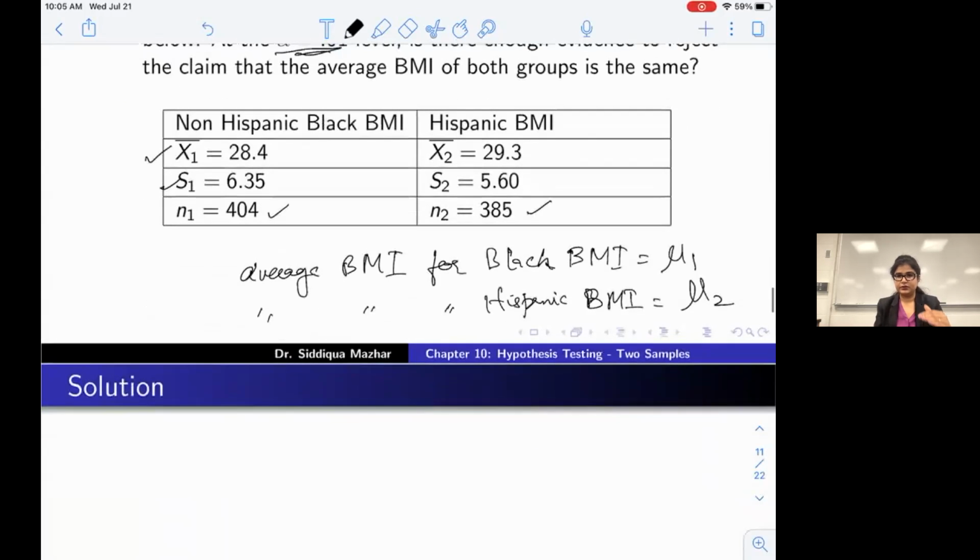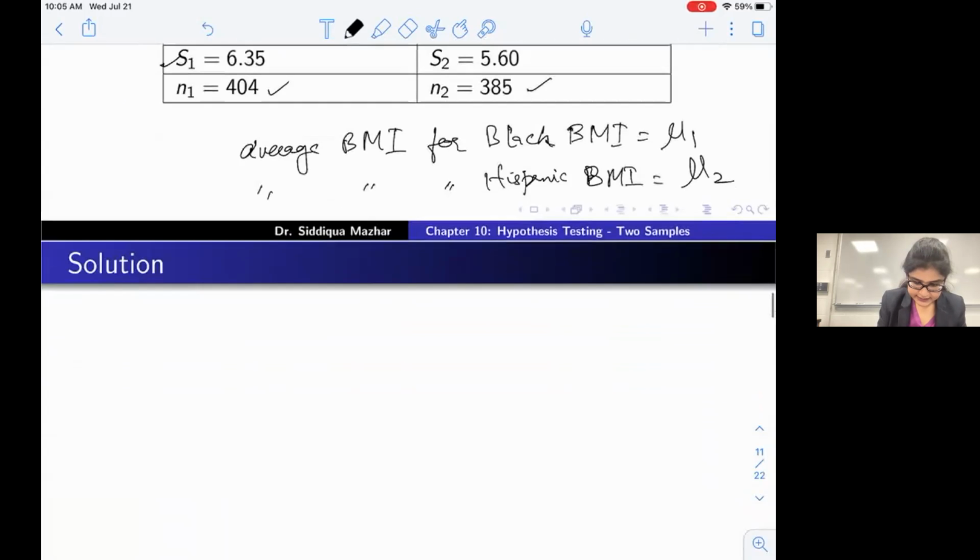Because all the details you will be writing under group 1 and group 2, this has to be the same. So again, the null hypothesis is that both groups have the same BMI.